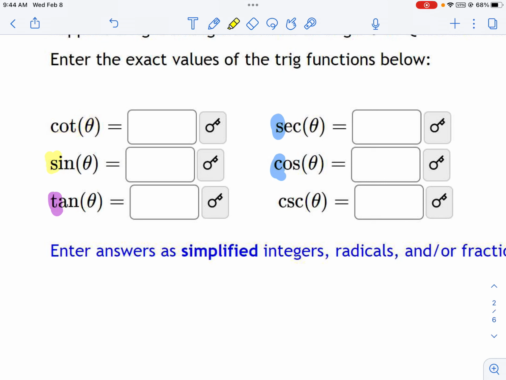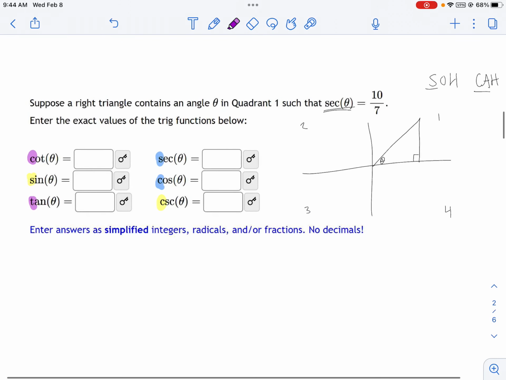The reason it's not cotangent is that tangent is the only pair that sounds like it should be a pair: tangent and cotangent. It's like pilot and co-pilot. They go together because they do. Okay, so that is your 6 trig functions.